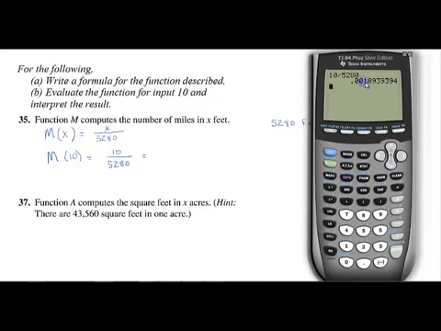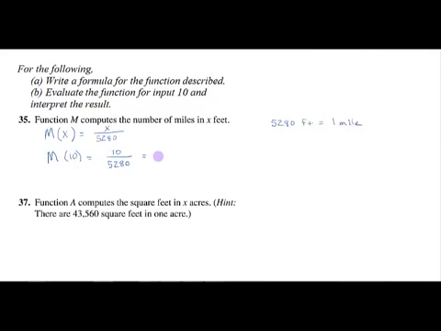We have 0.00189. We'll replace that equals sign with an approximate symbol. So this is approximately 0.00189 miles. So if we have gone 10 feet, then we've only gone 0.00189 miles.